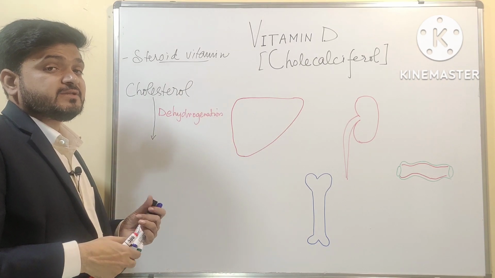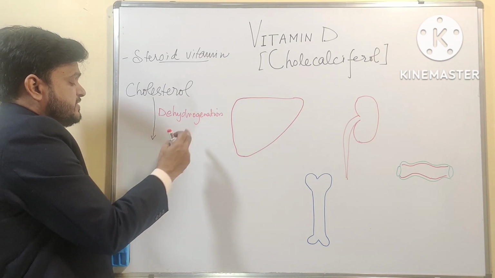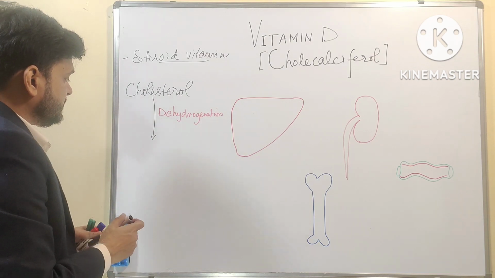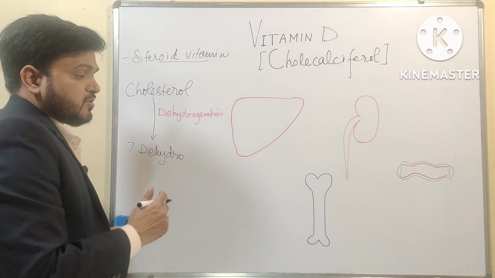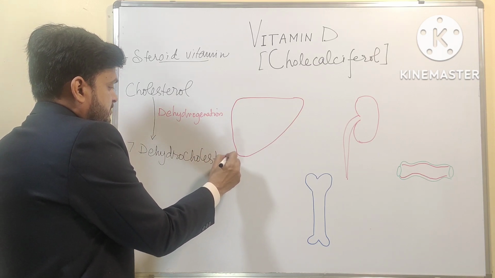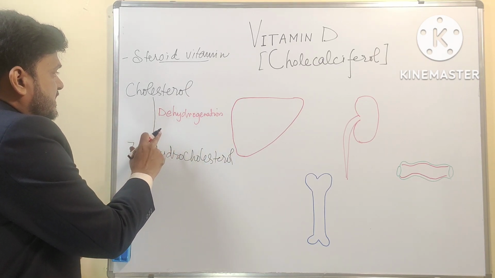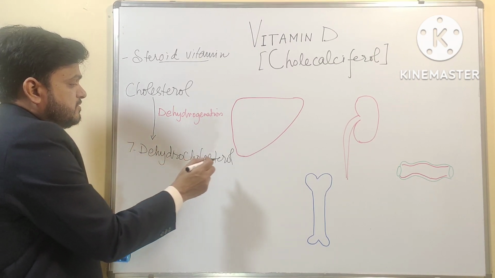The first step in the synthesis of vitamin D: the cholesterol goes through dehydrogenation and it will turn into 7-dehydrocholesterol. Cholesterol is changed into 7-dehydrocholesterol.